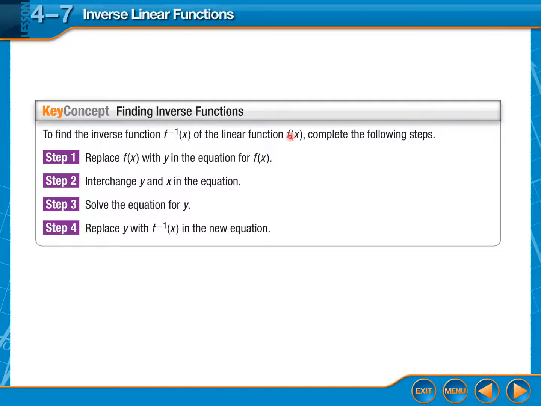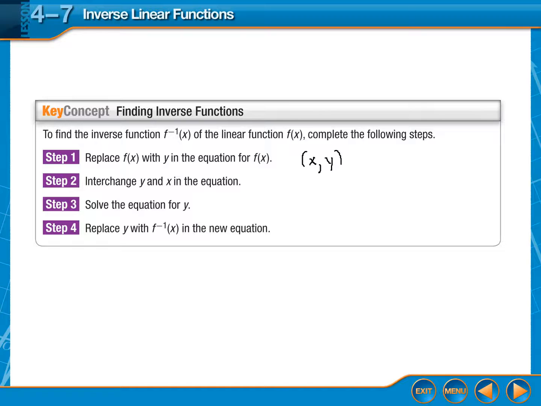So to start with, we've got 4 steps here. The first step is to take the equation, take away the function notation f of x, and replace it with the variable y. That's because f of x and y are really the same thing. You'll see it written both ways, but they mean the same thing. So if we're talking about points on a graph, usually we call those x and y.